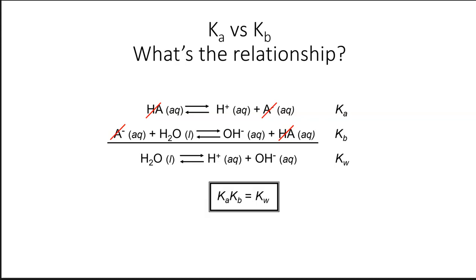So Ka times Kb equals Kw. For any weak acid with a Ka value, you can calculate Kb. Just remember, Kw is 1 times 10 to the minus 14th.